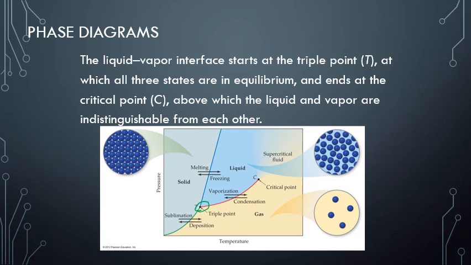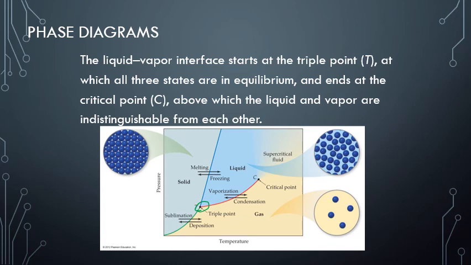When we look at the solid and the liquid line, that would be the blue starting at T and going up. Finally, the solid and gaseous boundary would be T all the way down to the origin, the green line, which represents the phase change between the solid and the gaseous state directly.